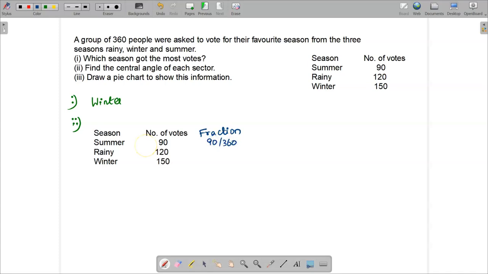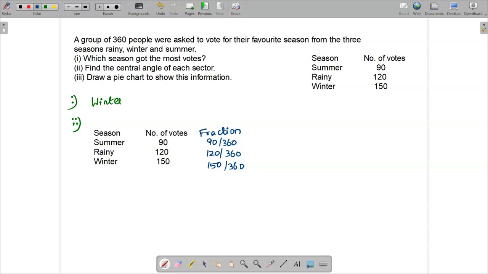So for the summer season, the number of votes is 90 out of 360. Similarly, for the rainy season it is 120 out of 360, and for the winter season it is 150 out of 360.